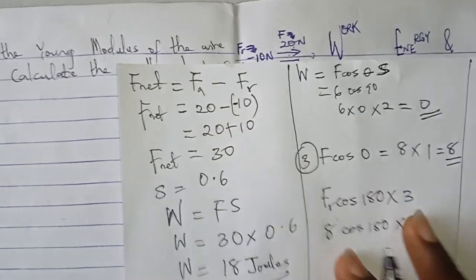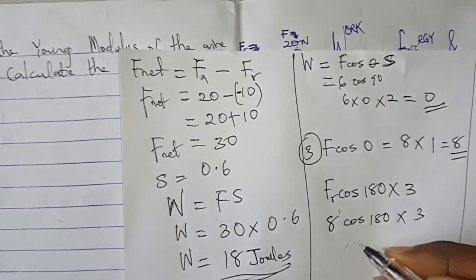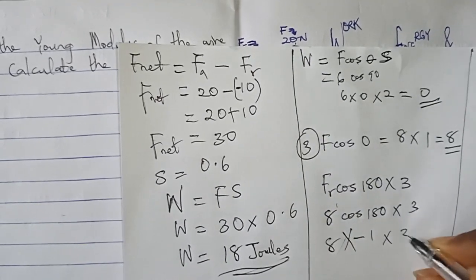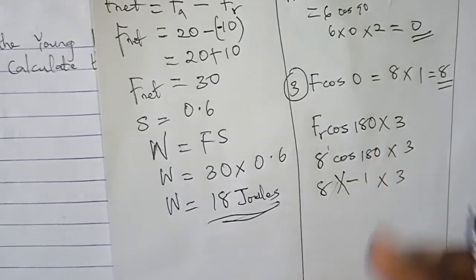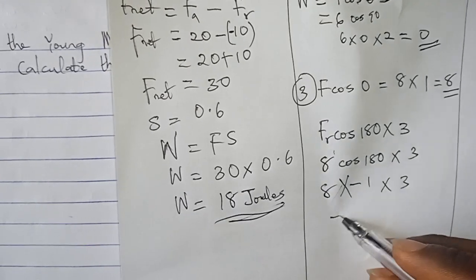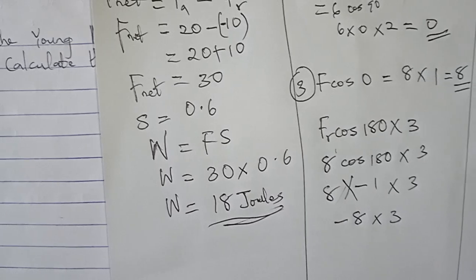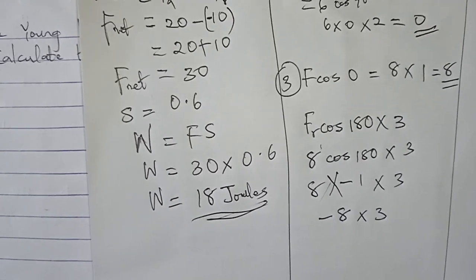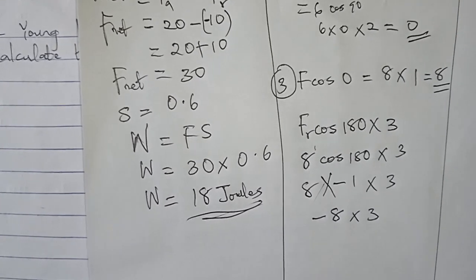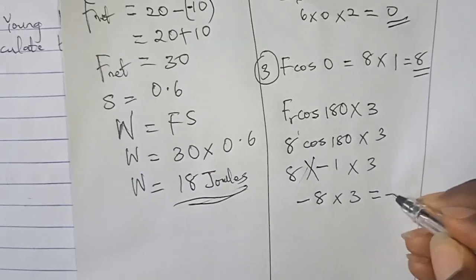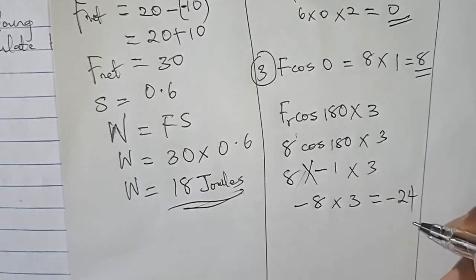Cos 180 is -1. So times 3, this should give me -8 times 3, which should give you -24.